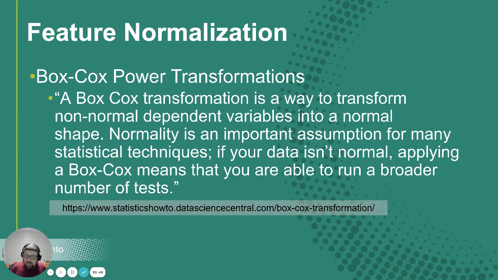So once we have all these features created, it becomes necessary that we have to normalize them sometimes. One way of doing that is a Box-Cox power transformation. It's just a way of, if you look at everything on a curve, trying to normalize and move things over a little bit, so that everything's on the same playing field.